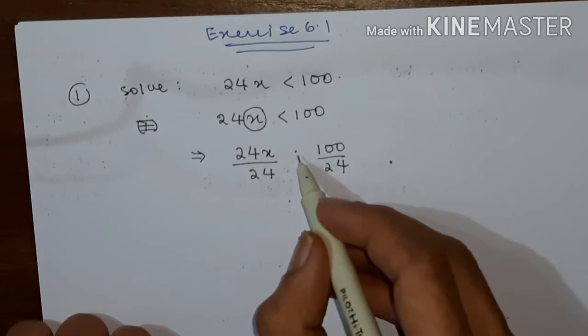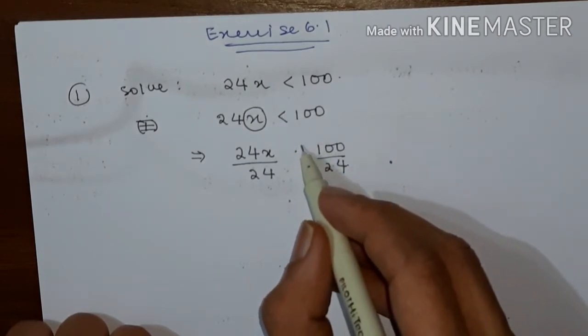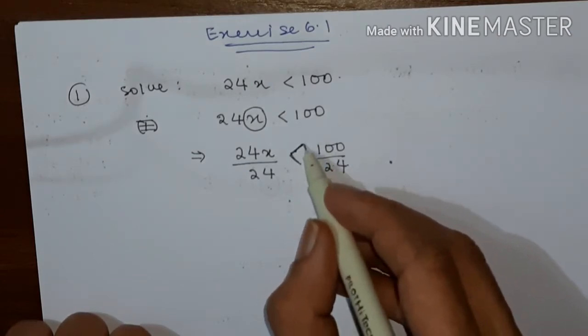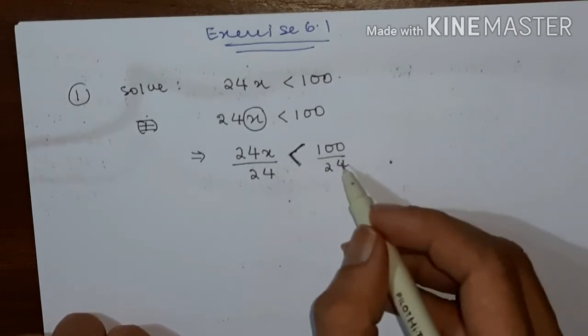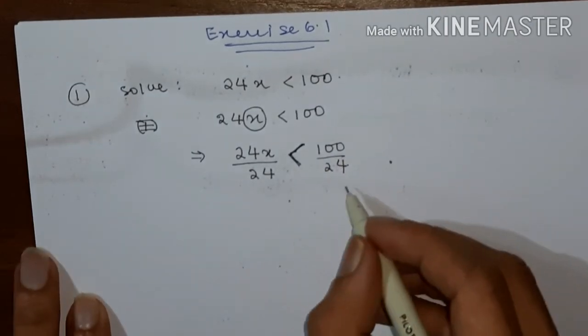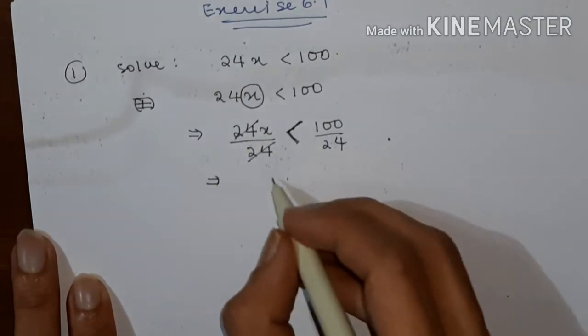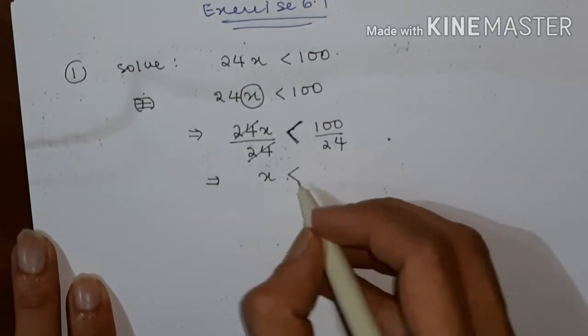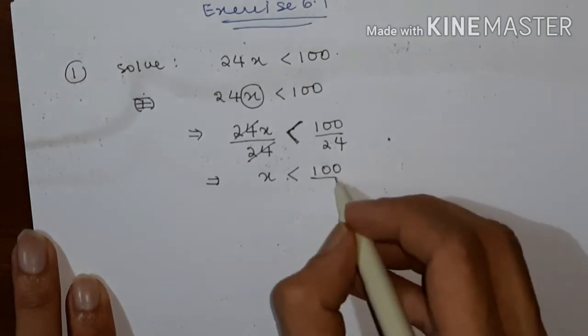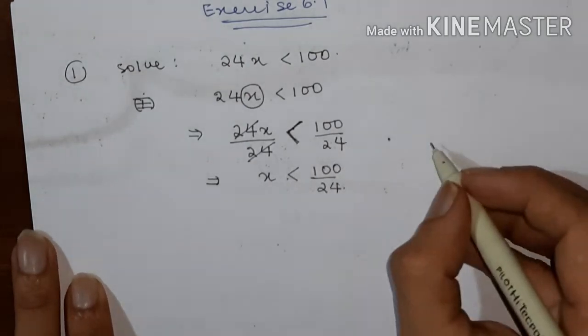The inequality will remain the same because you are dividing by a positive number. 24 and 24 get cancelled, so x is less than 100 divided by 24.